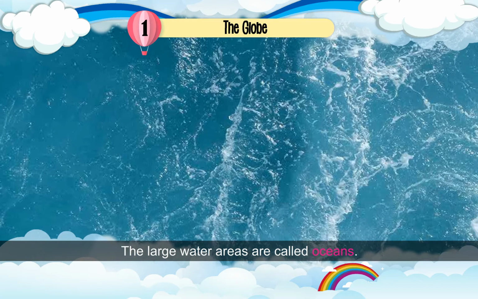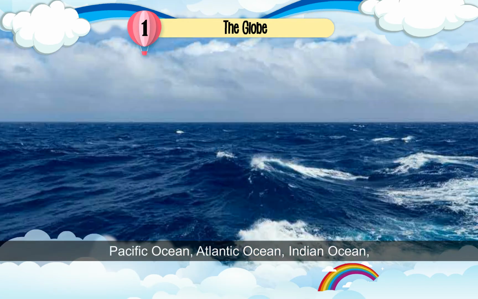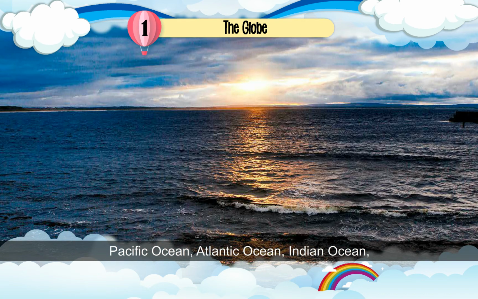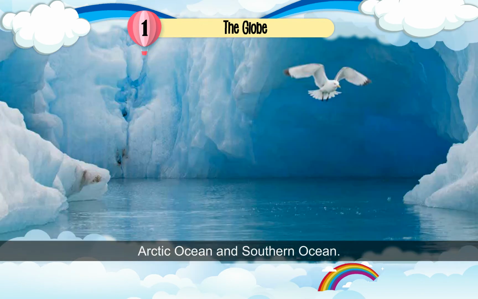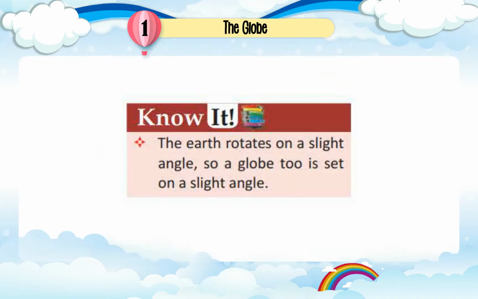The large water areas are called oceans. They are 5 in number: Pacific Ocean, Atlantic Ocean, Indian Ocean, Arctic Ocean, and Southern Ocean. Know it. The earth rotates on a slight angle, so a globe too is set on a slight angle.